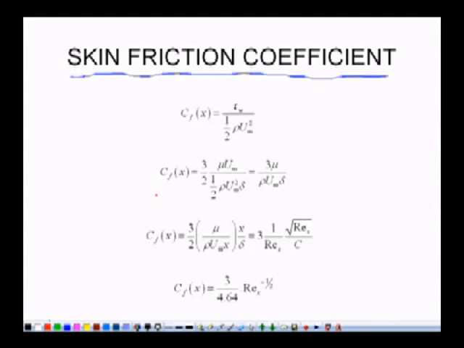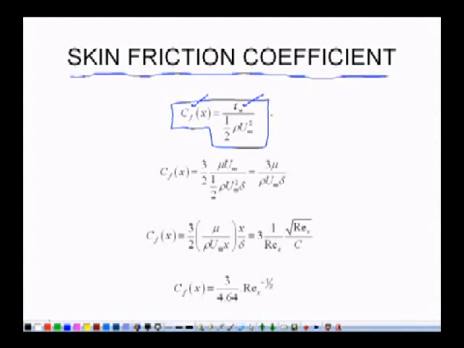This drag is calculated with the help of the concept of skin friction coefficient. If you can recall the chapter on pipe flow, at that time we brought in this term Cfx, skin friction coefficient. Since this is Cfx, it means it is a local skin friction coefficient, equal to tau w divided by 1 over 2 rho u infinity square, right?